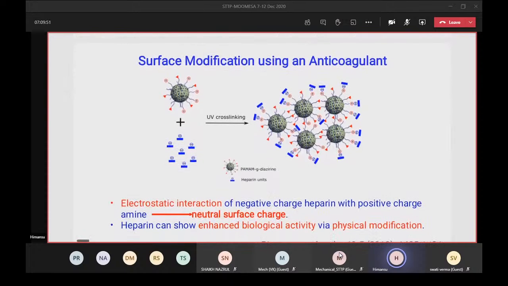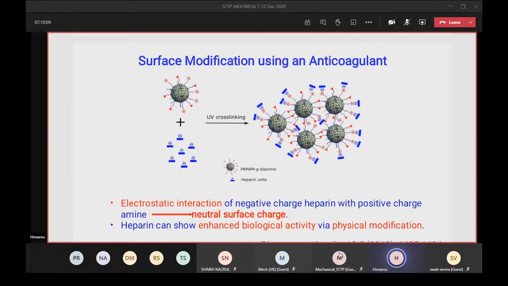In another modification technology, we used an anticoagulant. Another way of stopping blood clotting is to add anticoagulant directly over the bioadhesives. But the point is what percentage it could show as an antiplatelet formulation. This is a very important tool.